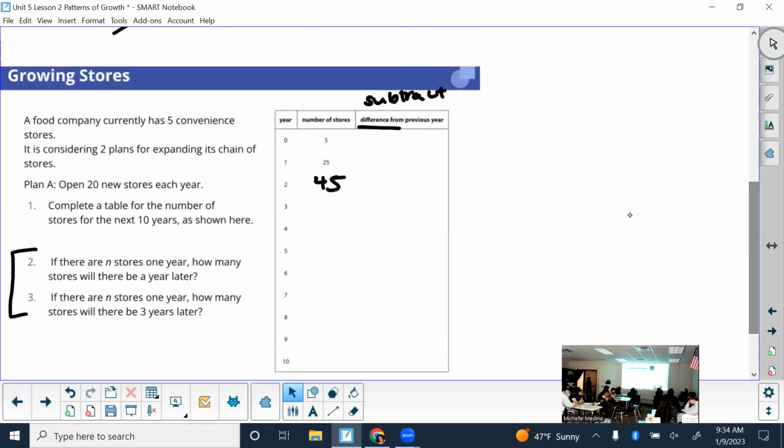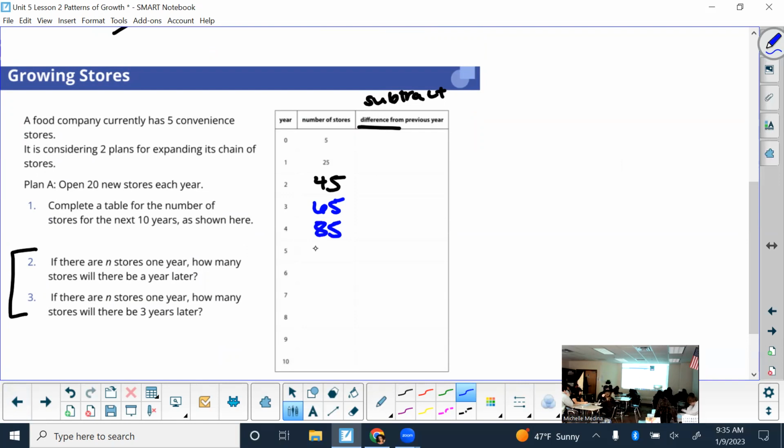We'll start with table 6. So table 6, for plan A, the number of stores at year 3. 65. And guys, if you disagree at any point, just call out. Table 7, what about year 4, for plan A? 85.